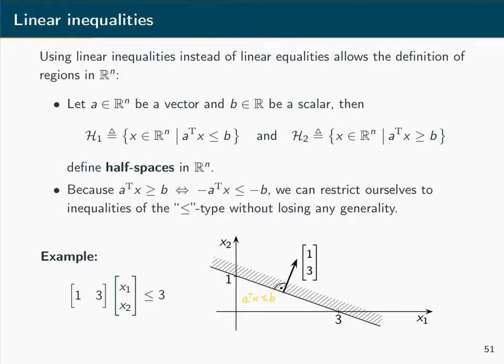And that's without loss of generality, because if we have a half space that's defined by a greater than or equal to inequality, we can always multiply this inequality by -1, and we get another vector, which is now minus A, and another scalar, which is now minus b, such that this half space defined by this inequality is the same as the half space defined by this inequality.